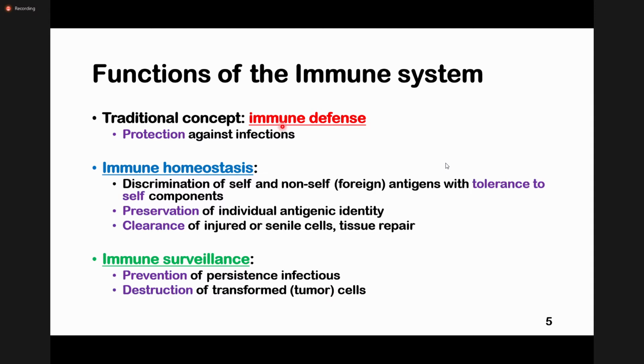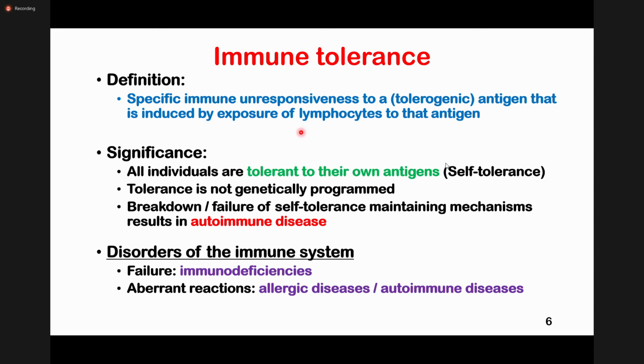Now when you talk about tolerance, immune tolerance is a specific immune unresponsiveness: it does not respond to the antigen, despite exposure of lymphocytes to that antigen. I will explain this in the next slide with a pictorial understanding. All individuals are tolerant to their own antigens, which is self-tolerance.